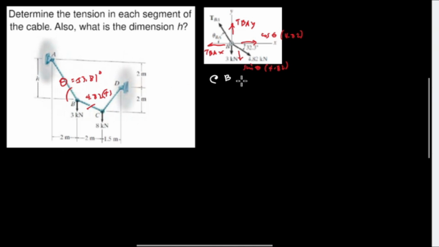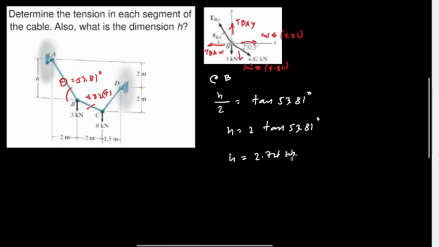Let's solve for H. So H over 2 is equivalent to tangent of 53.81 degrees, or H is equal to 2 times tangent of 53.81 degrees, and H is equal to 2.74 meter. So the value for H is equivalent to 2.74 meter.